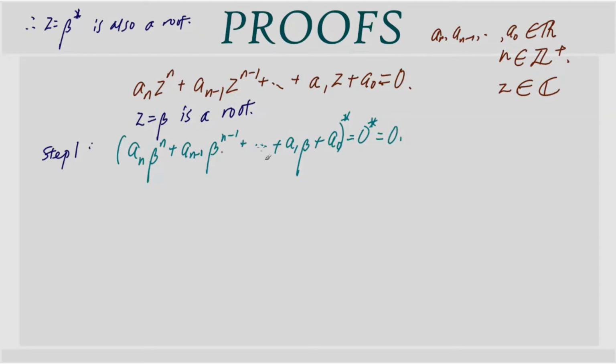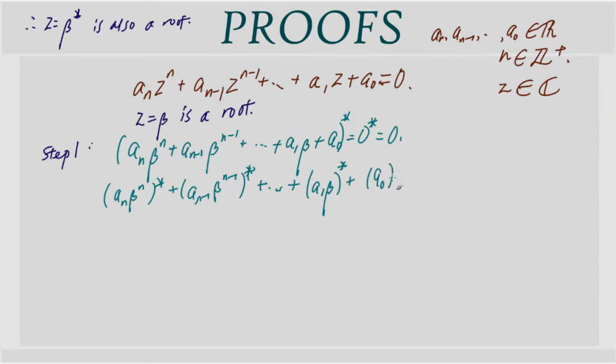Now we're going to prove that this on the left hand side is equal to a_n times beta^n conjugate plus a_{n-1} times beta^{n-1} conjugate, so on and so forth. We've got to prove that the conjugate of the sum of all these terms is equal to the sum of the conjugates of all the terms as well.